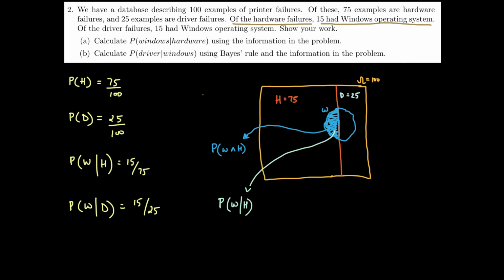Likewise, if I do the same thing over here, this piece is telling you the probability of D and Windows happening.